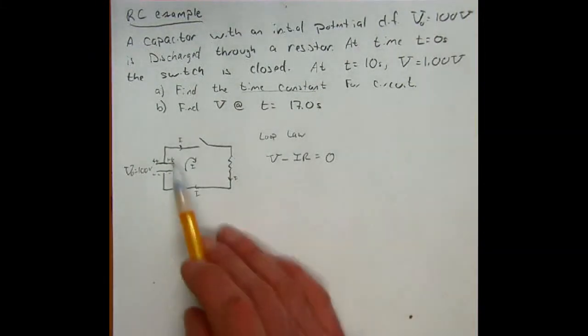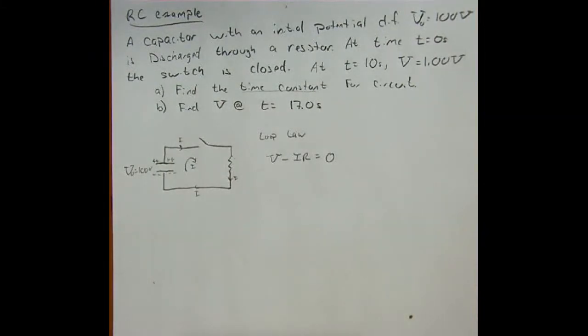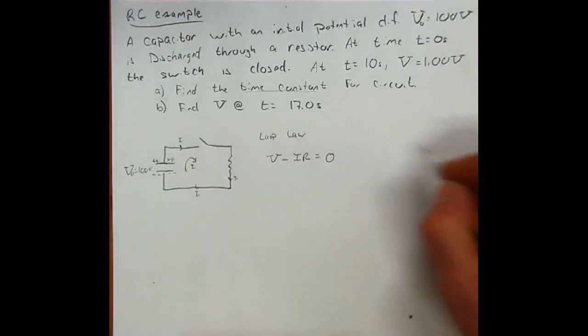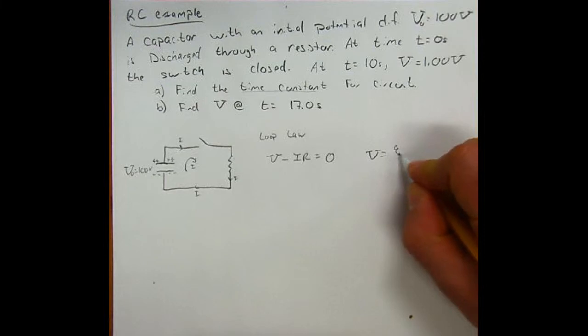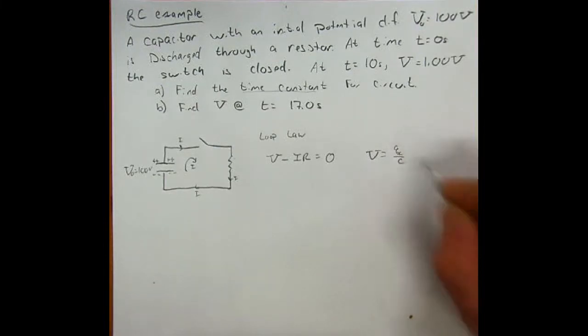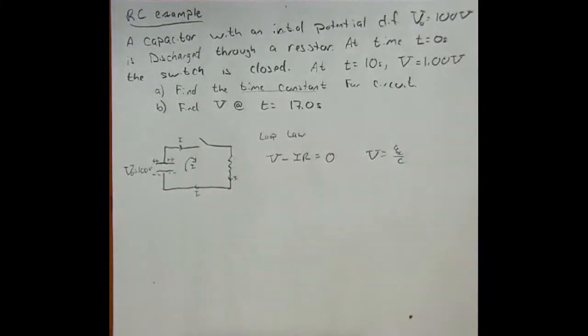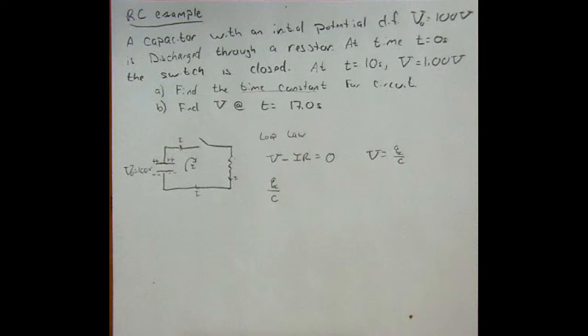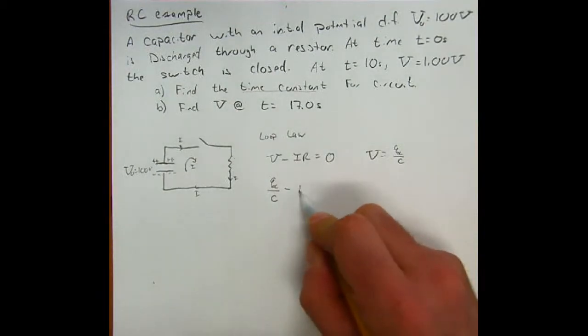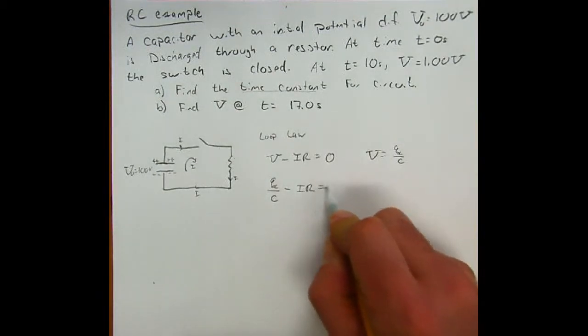We know V with regard to my capacitor is equal to the charge of my capacitor divided by the capacitance. So I'm going to sub that directly in. And now I can say that is my initial charge of my capacitor divided by my capacitance minus IR equals 0.